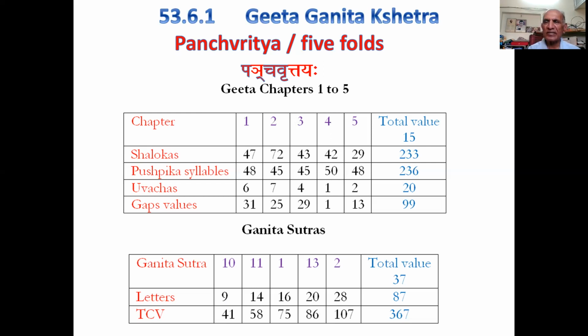Therefore, the shlokas coverage range of value 233 parallel with the placements of the triple syllables of the formulation Akash and Pushpika syllable summation value 236 is parallel with the total letters of all 13 Ganita Sutras.